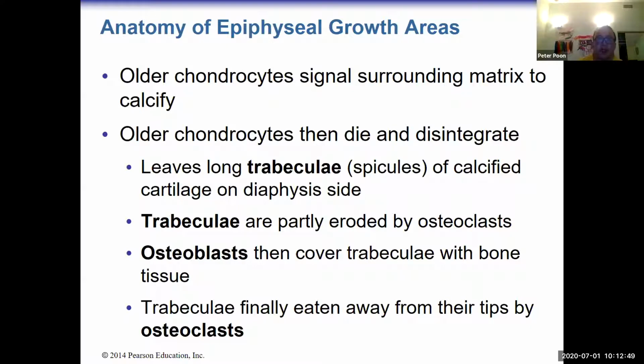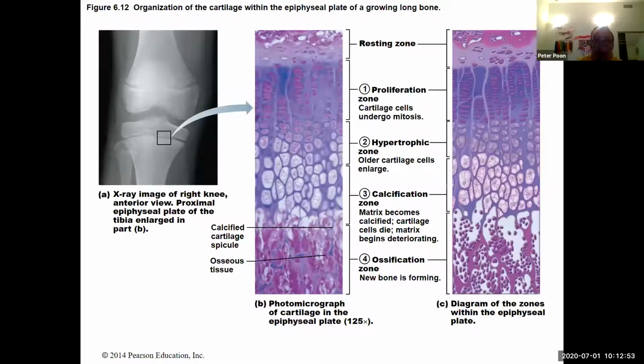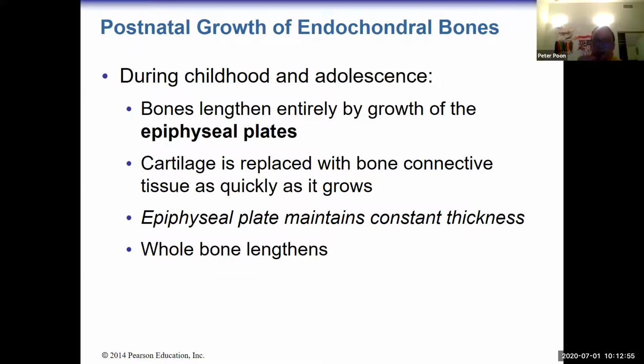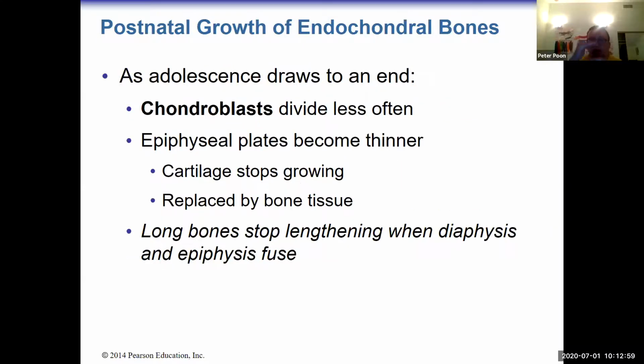Now, what happens as you get older is that this side slows down. This side doesn't. So you get taller and taller, but eventually this side will catch up to this side, and it'll seal.